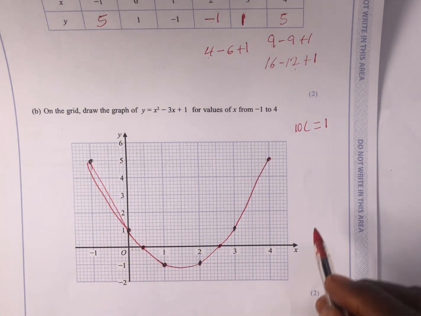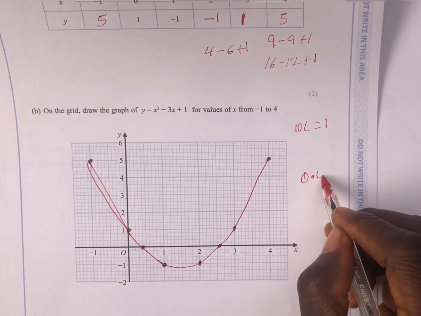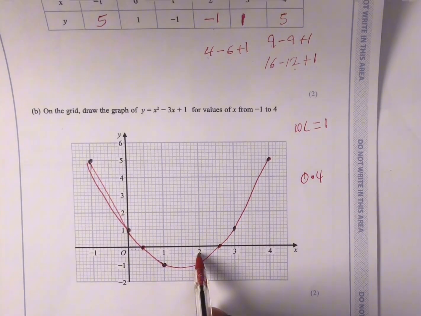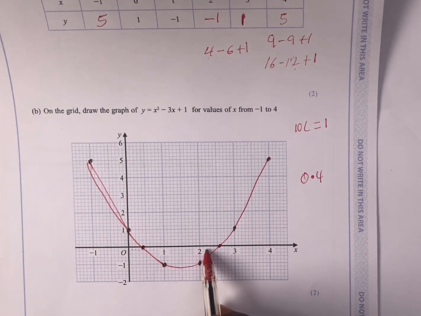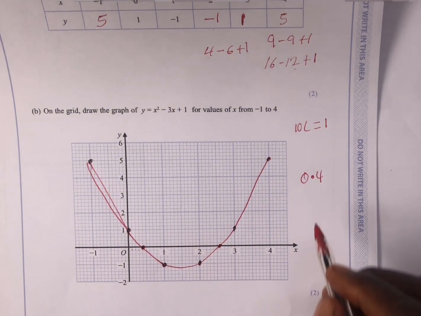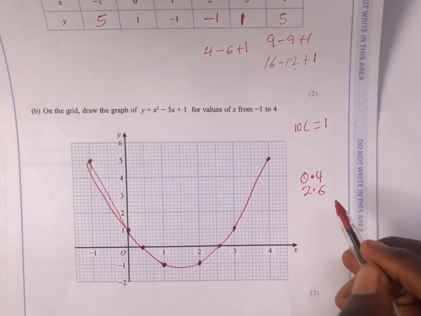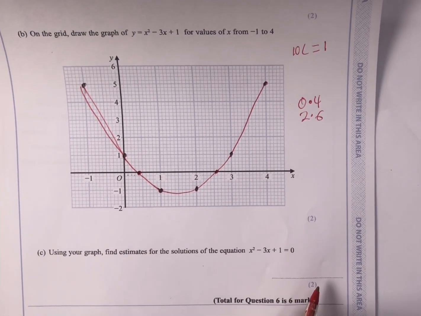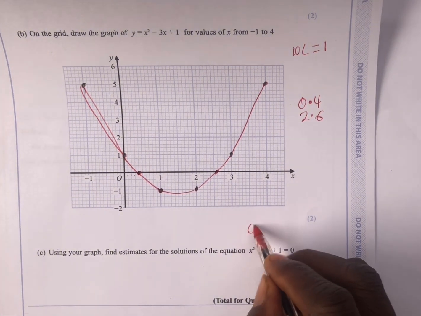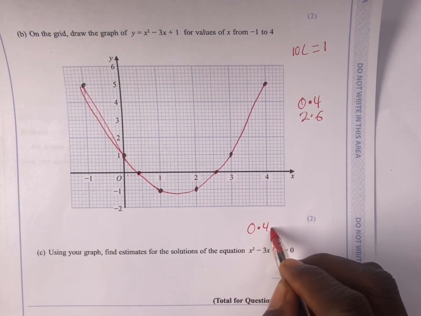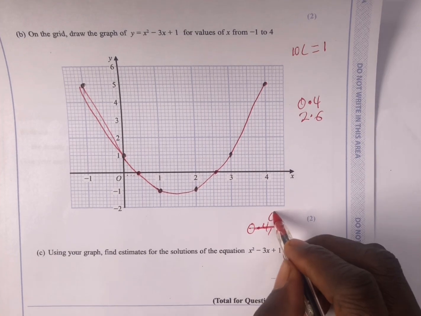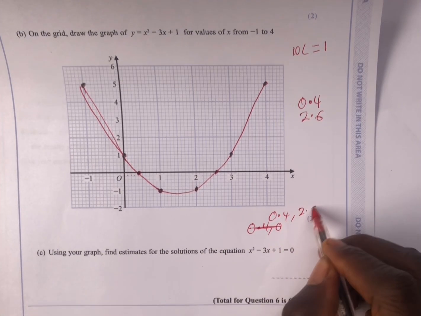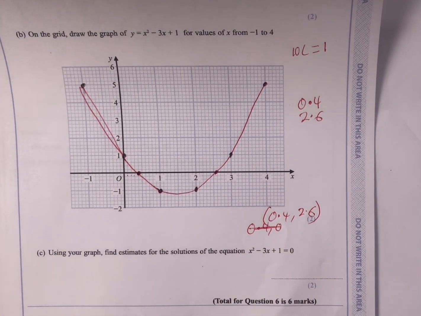So we have 0.4. Then this is 2, 2.1, 2.2, 2.3, 2.4, 2.5. Then we have 2.6. So the solution to this equation is 0.4, 2.6 in a very simple way.